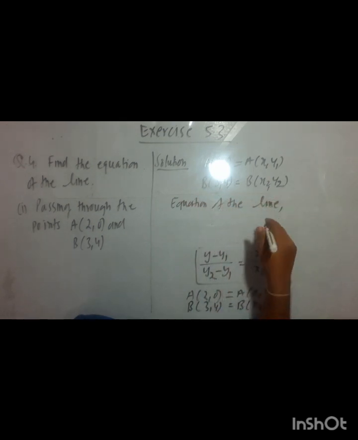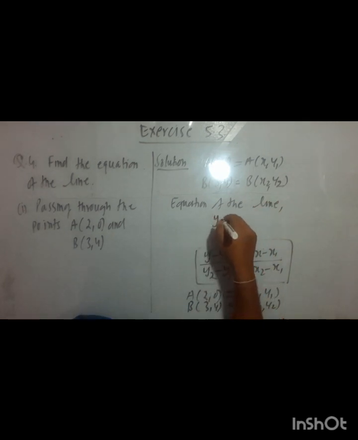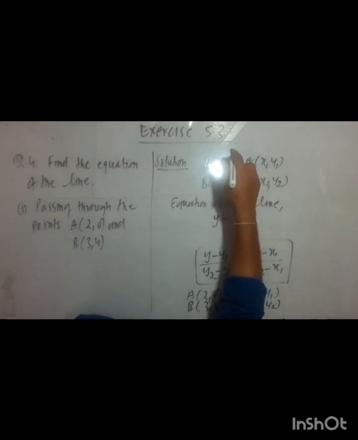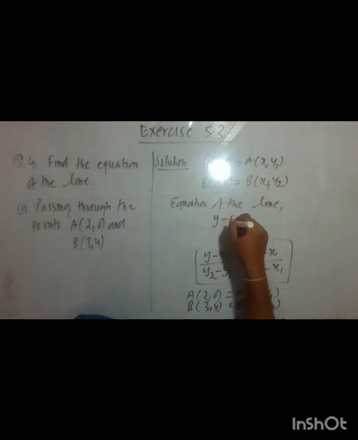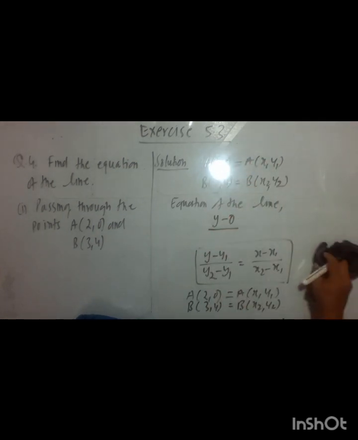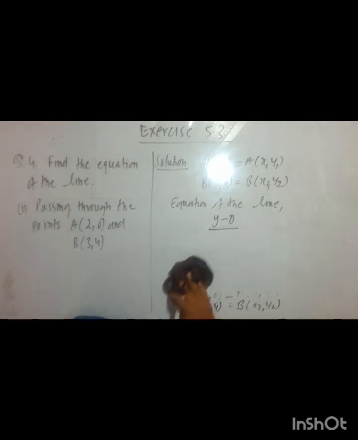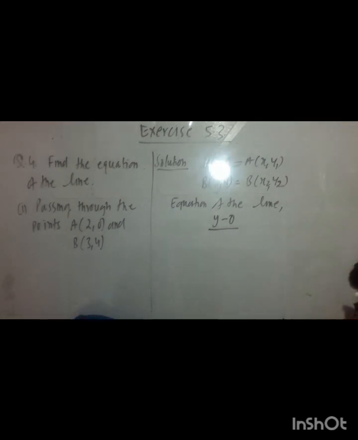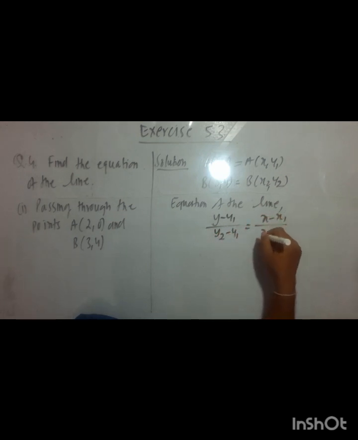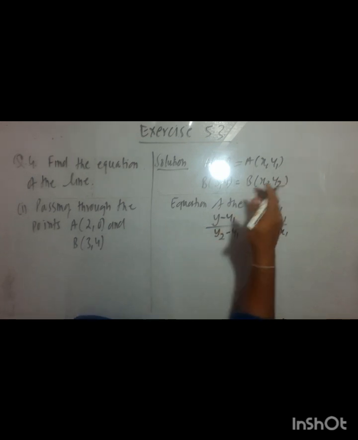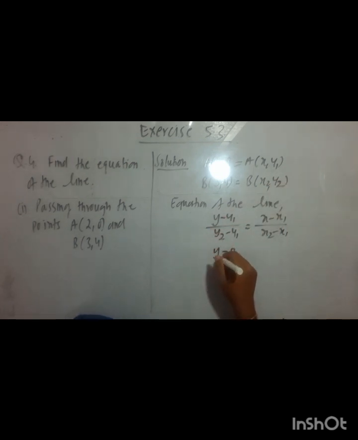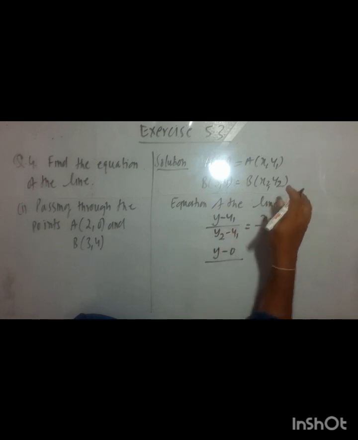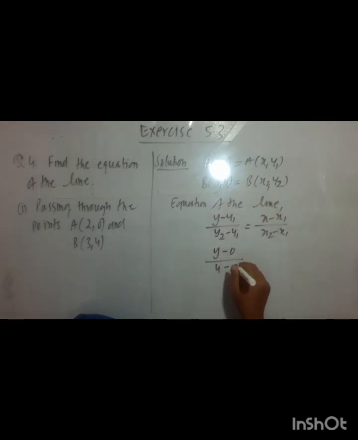So the equation of the line will be as under. What is y1? y1 is 0. So put the value of y1, that is 0, and y2 is 4, and y1 is 0 again.